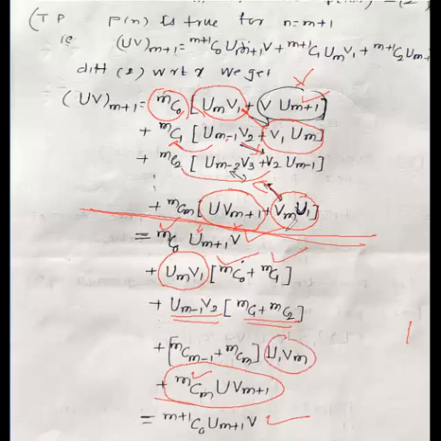Now what are the coefficients? Here it is mCm, and what is the coefficient in the previous term? It is mC(m-1). The suffixes of C increase 0, 1, 2, 3. So if it is Cm in this term, it will be m minus 1 in the previous term. So C(m-1).